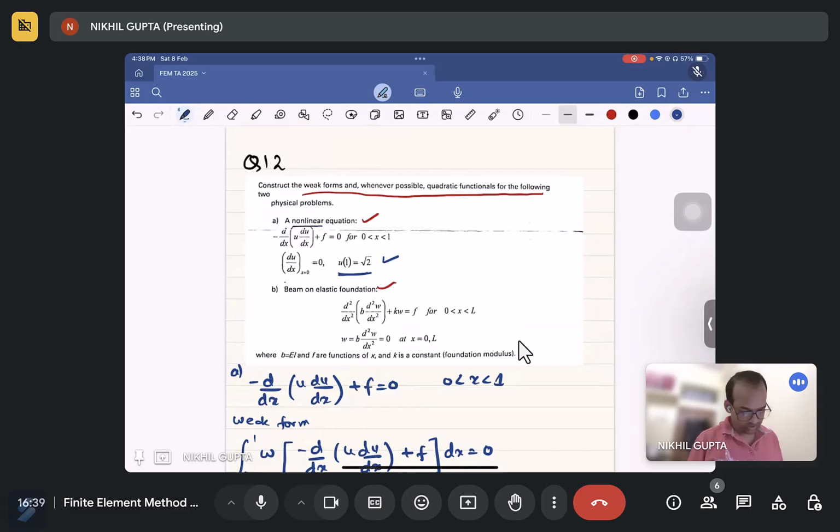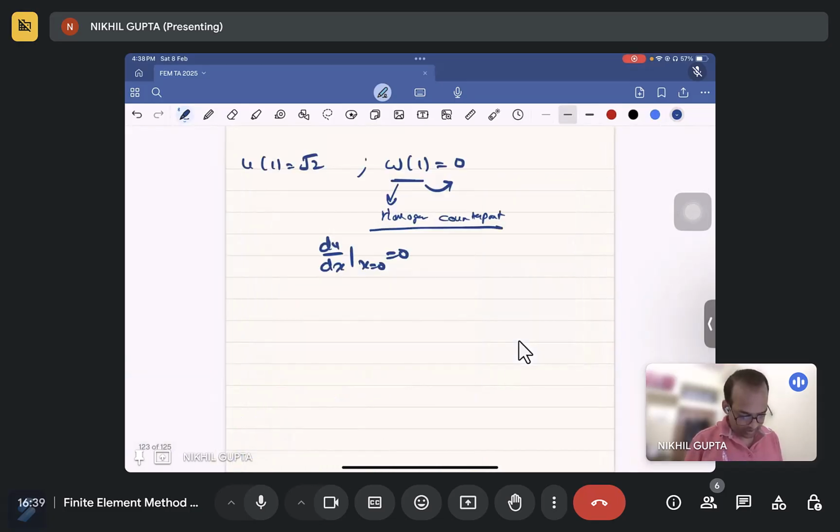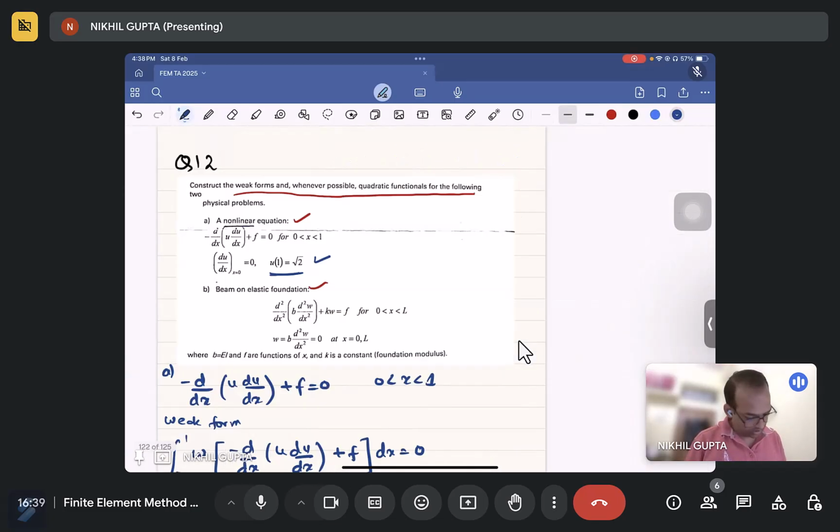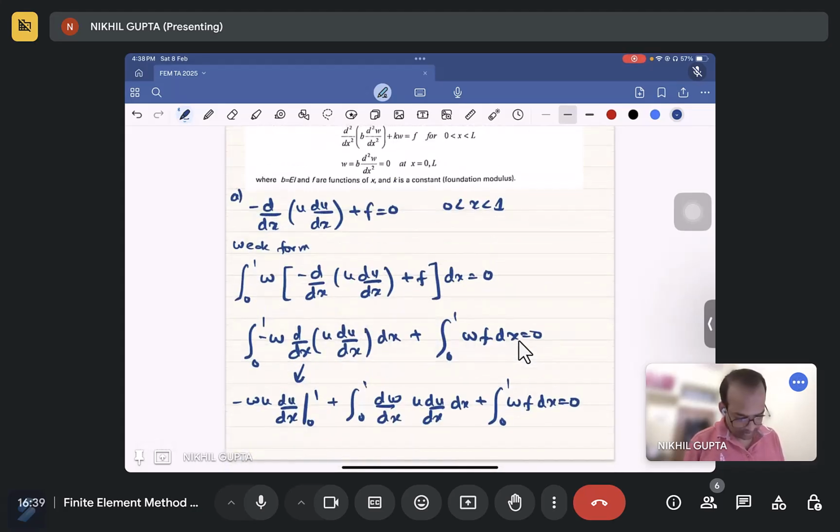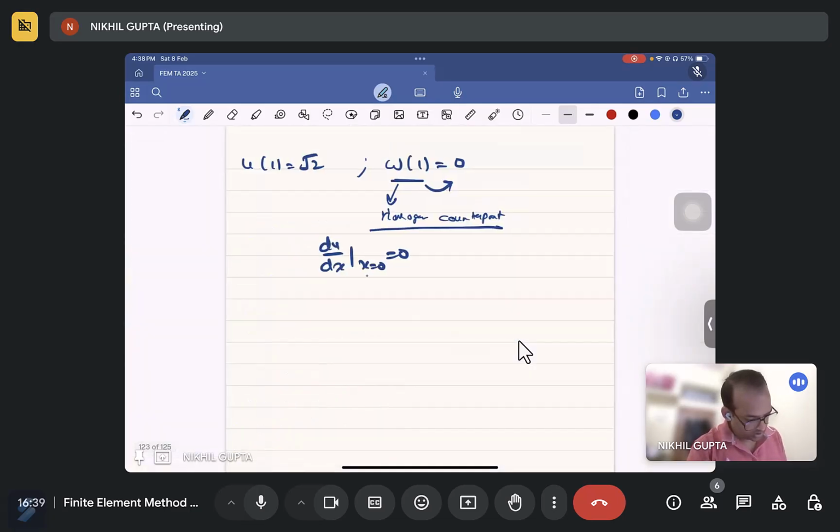You apply this in this way, you will get the value as 0 because du by dx is 0.